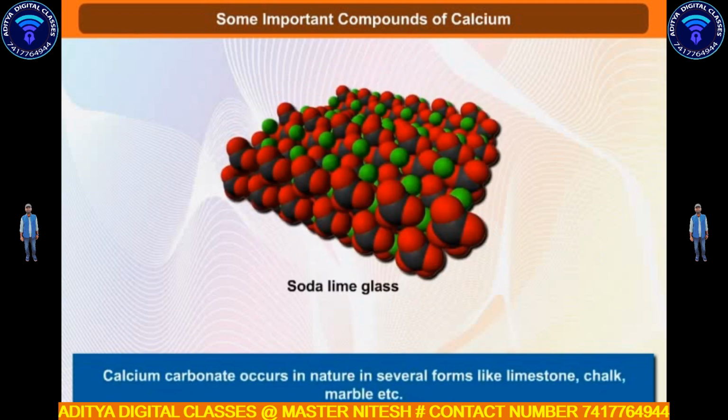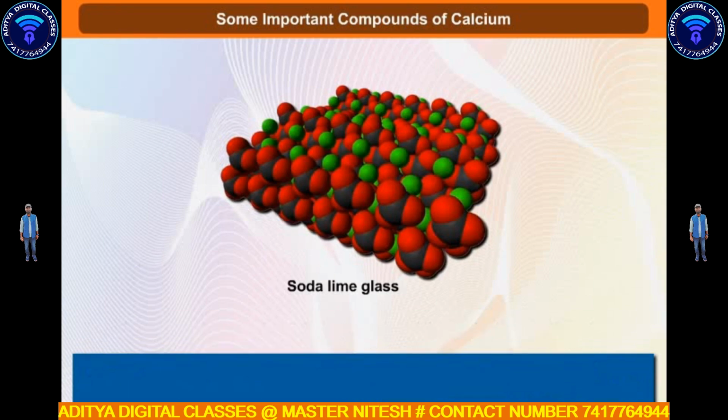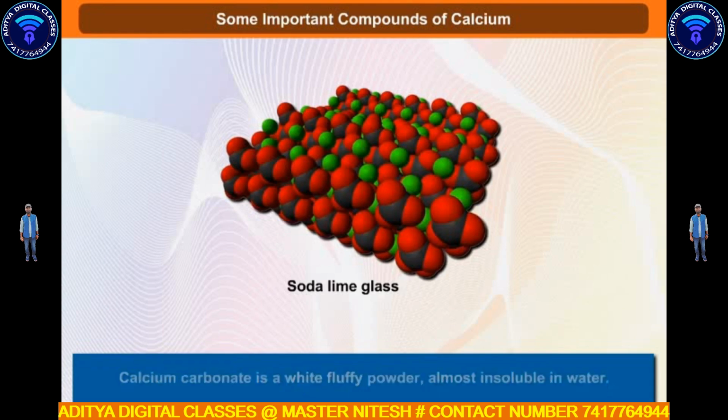Calcium carbonate occurs in nature in several forms, like limestone, chalk, marble, etc. It can be prepared by passing carbon dioxide through slaked lime or by the addition of sodium carbonate to calcium chloride. Calcium carbonate is a white fluffy powder, almost insoluble in water.